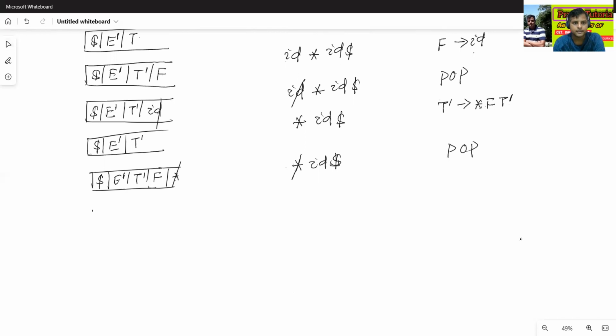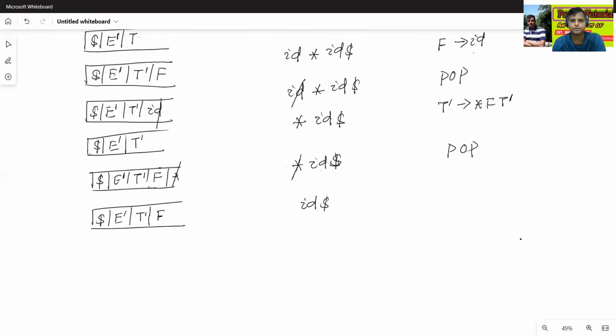Then the stack is dollar, E prime, T prime, then F. Then the input is ID dollar.